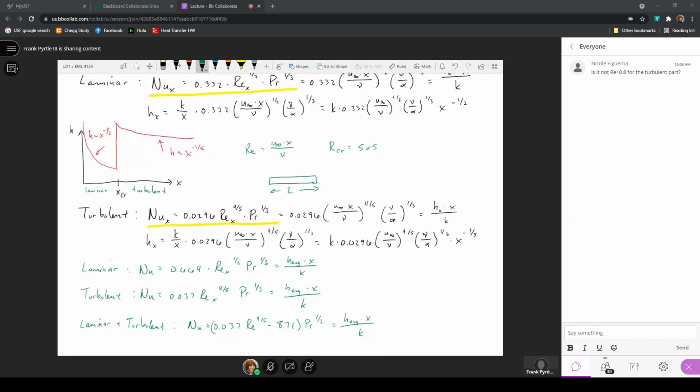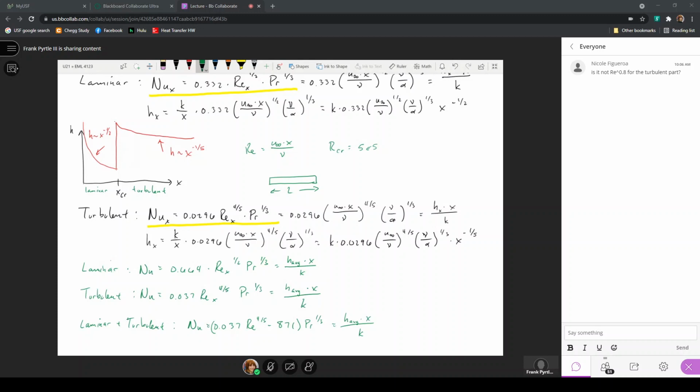If I wanted the average heat flux over the entire plate, the average heat flux for the entire plate is the average heat transfer coefficient over the entire plate multiplied by Ts minus T infinity. And I would use the expression for laminar plus turbulent, because I'm considering that over the entire length, I have a laminar section and a turbulent section.